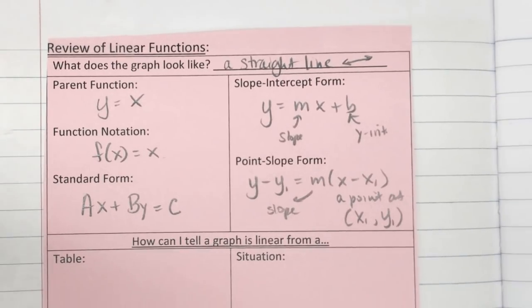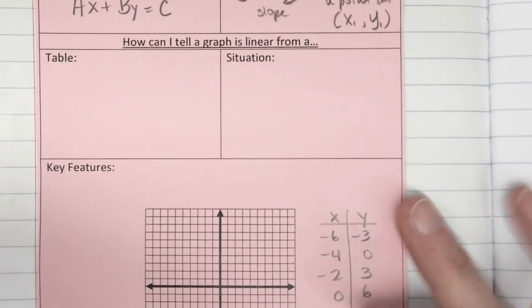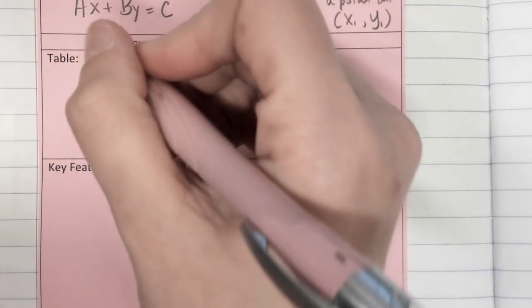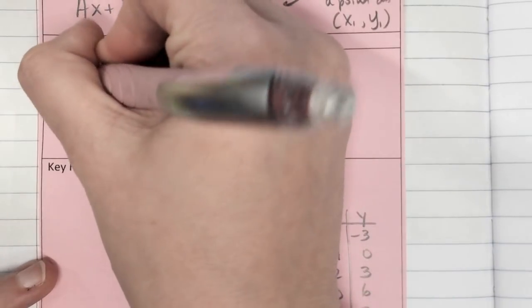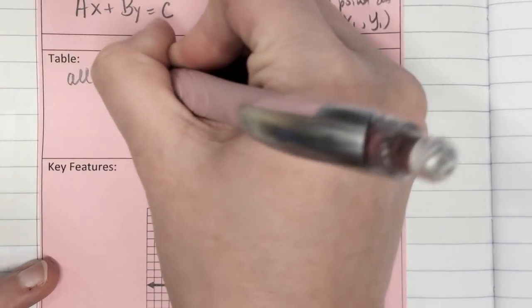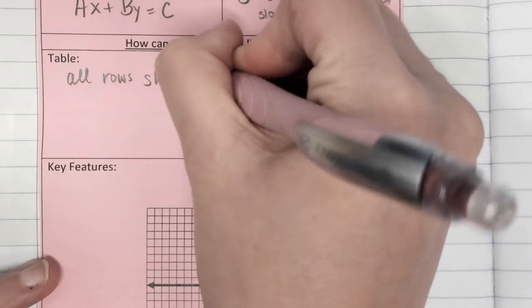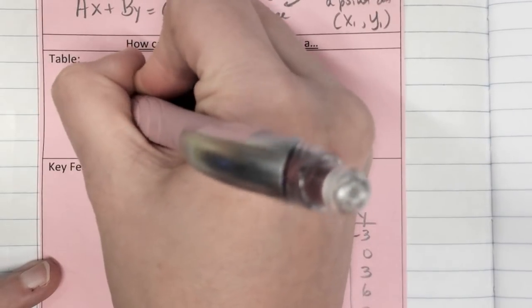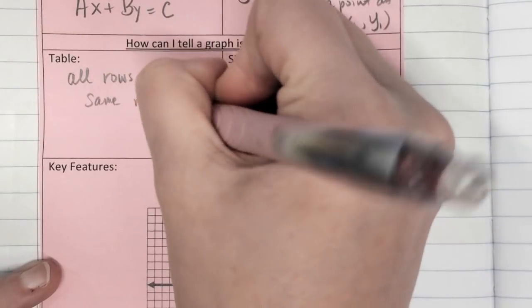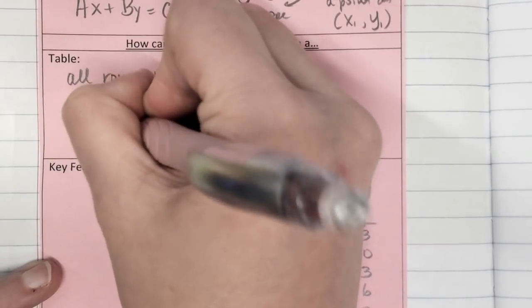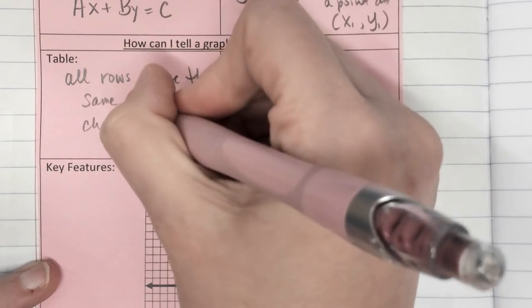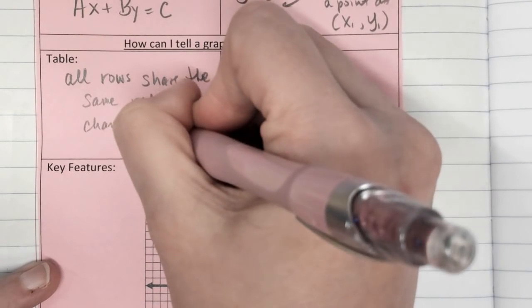The next thing we know is that a graph is linear from looking at a table because all rows share the same rate of change. That's our delta y over delta x.